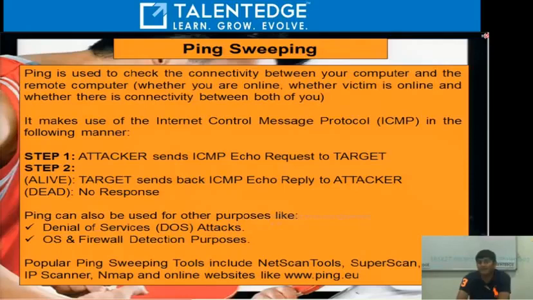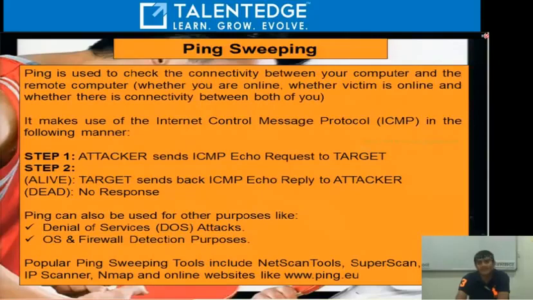So step 1 in ping is that the attacker sends an ICMP echo request data packet to the target computer. And when the target computer or the victim computer receives that ICMP echo request packet, there could be 2 scenarios.